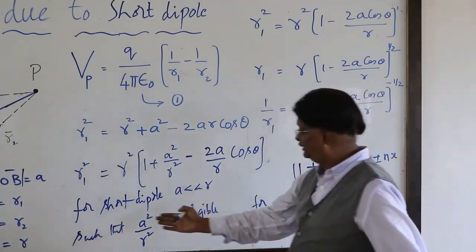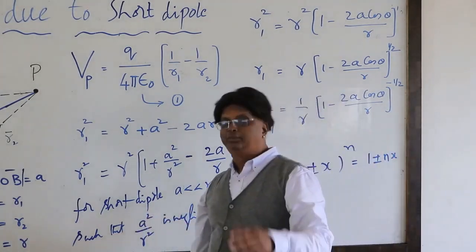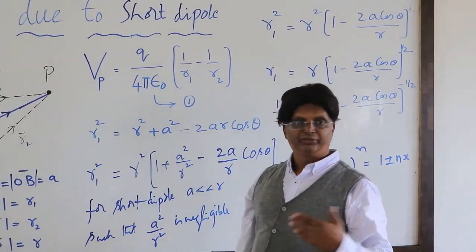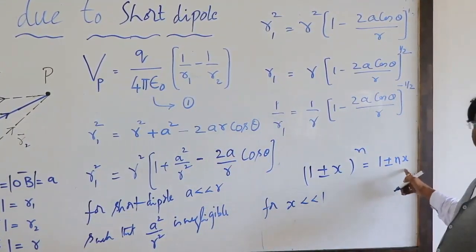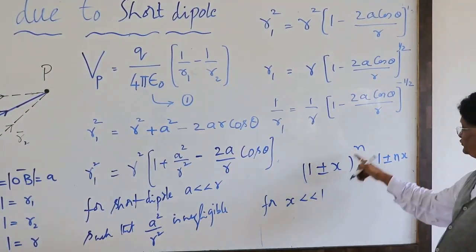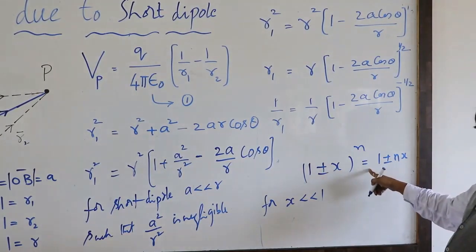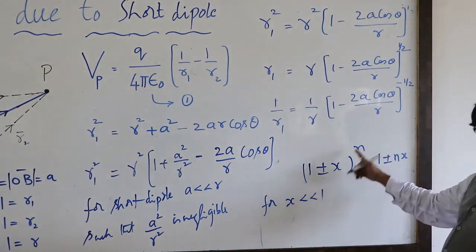Earlier we saw a square by r square; if you get a cube, it is further negligible. Therefore higher order terms are neglected. One more time: 1 plus or minus x whole raised to n is equal to 1 plus or minus nx. You are multiplying x with this index.